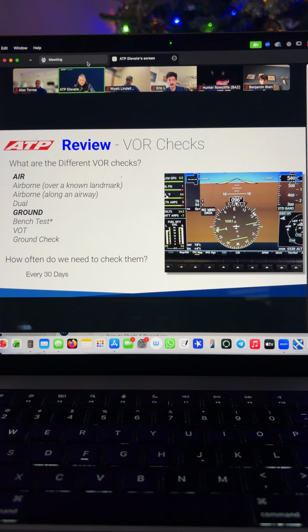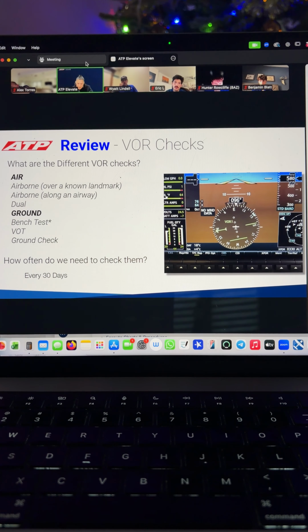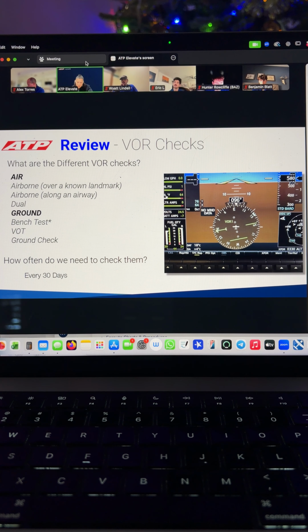So you guys look it up in your chart supplement on your ForeFlight. Like I said, you should have that page bookmarked, and you have to have the entire supplement downloaded. So VOT, it's a VOR test facility is what it technically stands for, even though it says VOT. So VOR test facilities is what a VOT is.